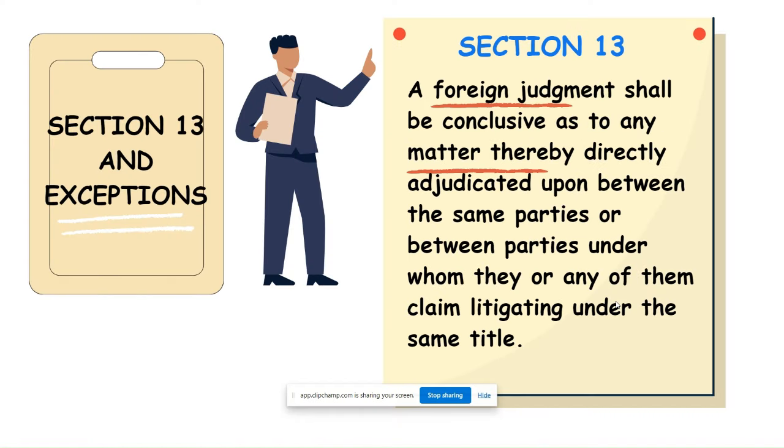Exceptions are there. Otherwise, yes, a foreign judgment shall be conclusive as to any matter thereby directly adjudicated upon between the same parties.